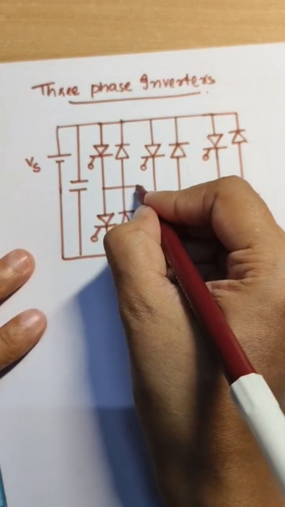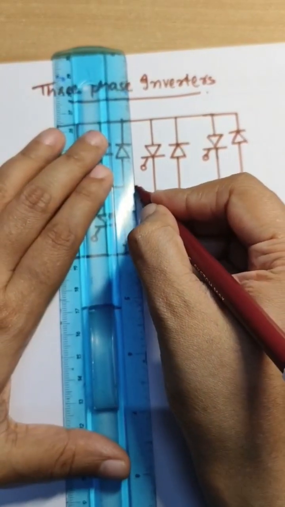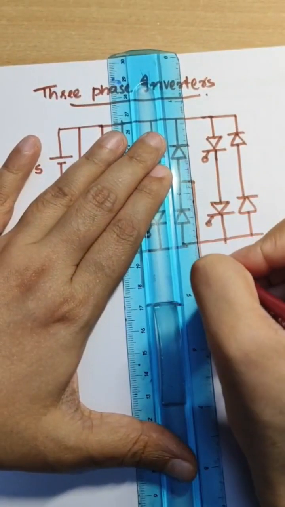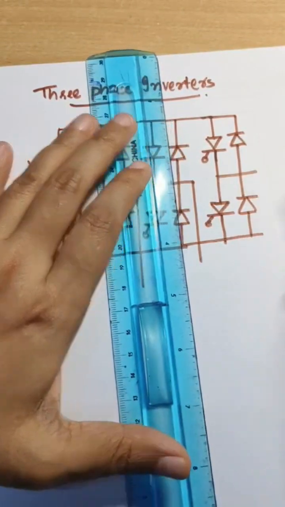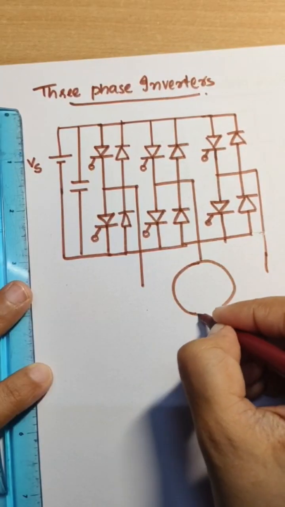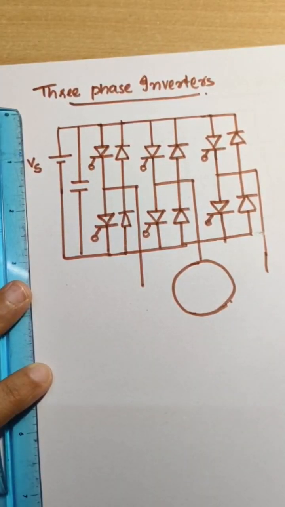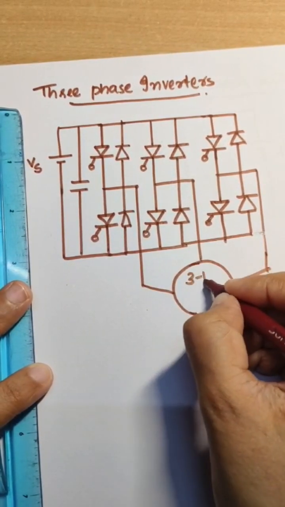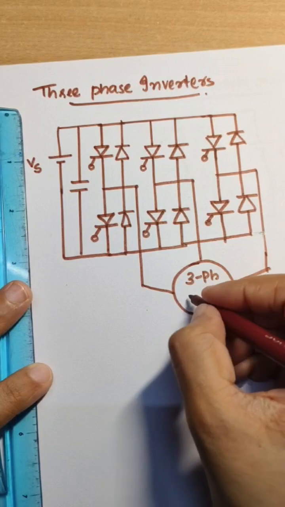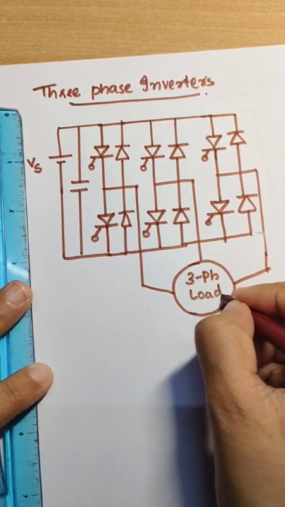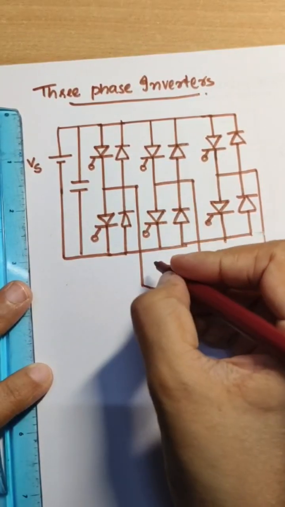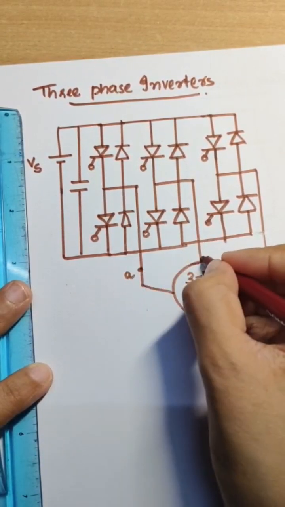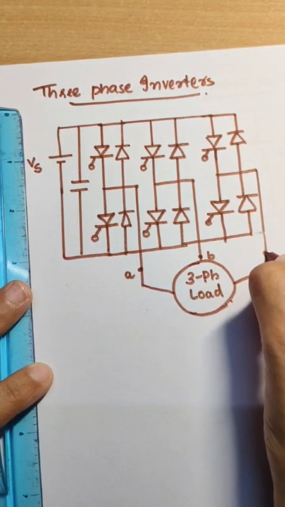A three-phase load is connected at the output side. This is A phase, B phase, C phase.